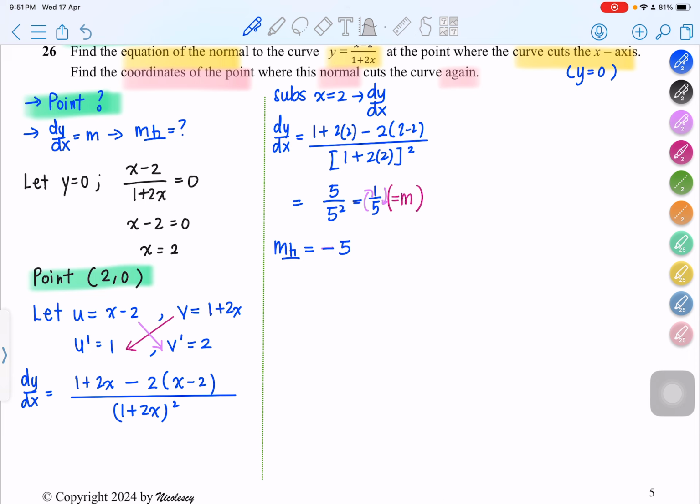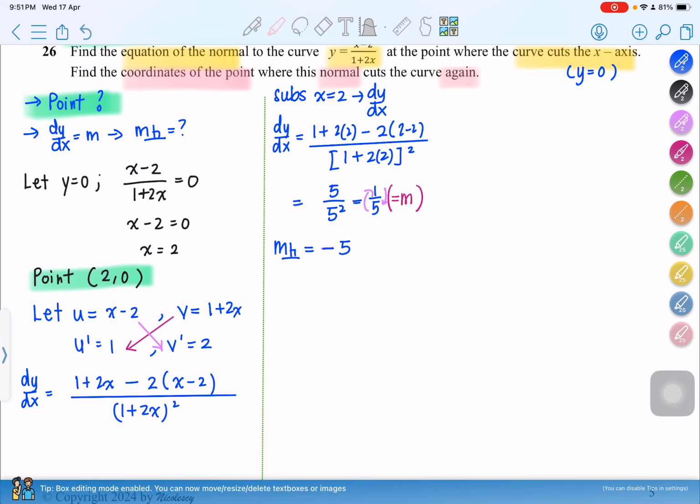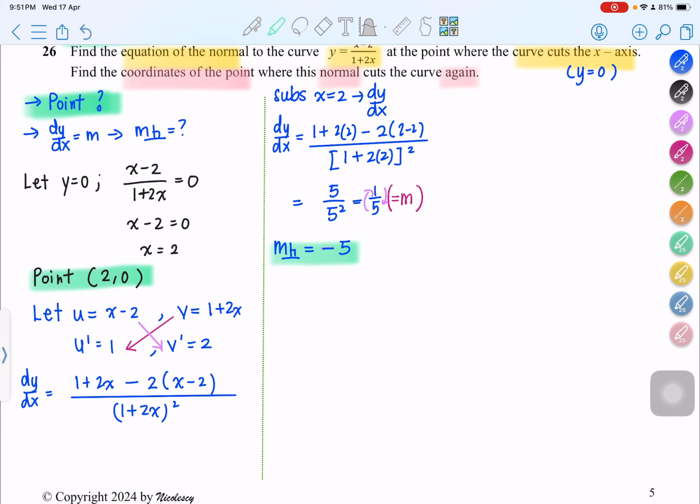Now from here I got my two pieces of information. First, my point is (2, 0). Second, my gradient of the normal is negative 5.